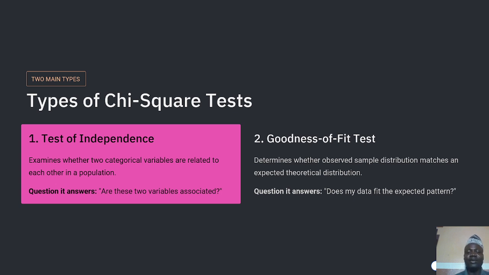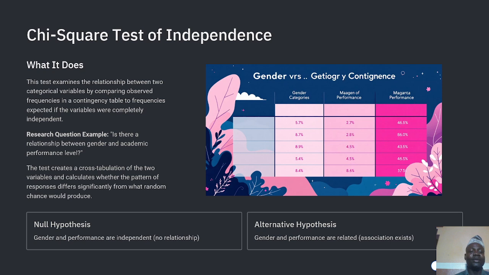That's the first one. So the chi-square test of independence, like I have explained, examines the relationship between two categorical variables by comparing the observed frequency in a contingency table to the frequency expected if the variables were completely independent.